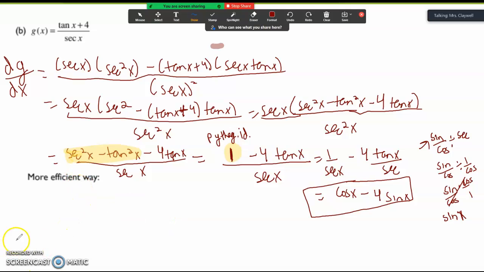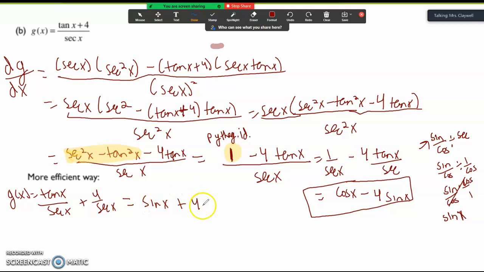There's a more efficient way to do this though. If you wanted to, you could just break this up. We just talked about how tan over secant just becomes sine.